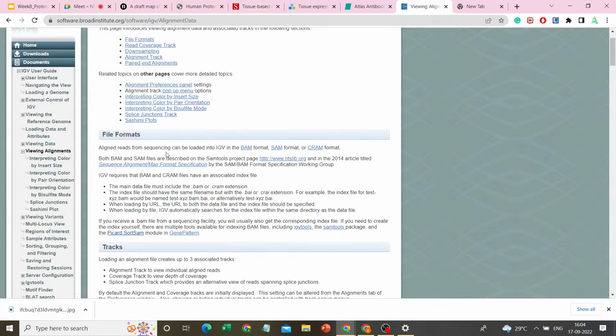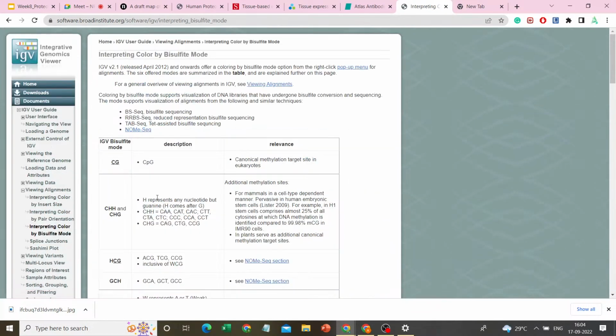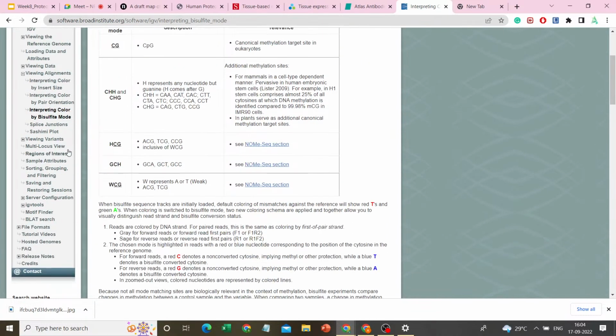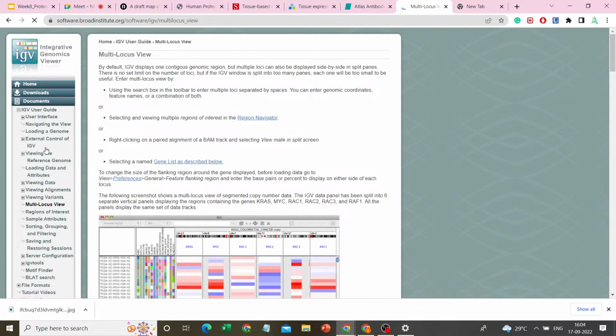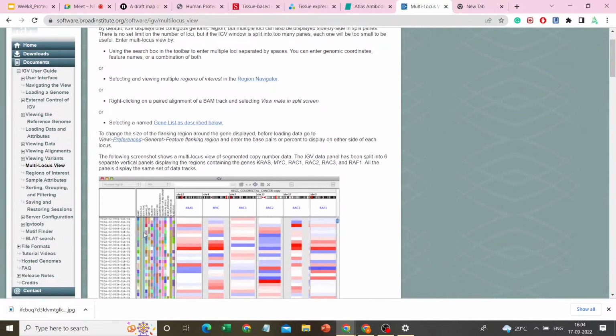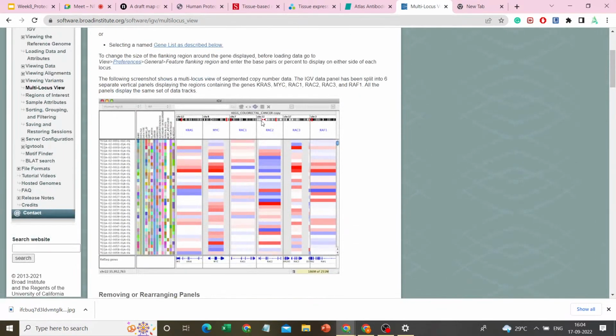They have given an extensive guide, including interpreting color by bisulfite mode, if there are CpG islands and so on, then viewing variants, multi-locus view. If you want to identify using multiple loci, for these particular genes, for example colorectal cancer, you can easily identify it.